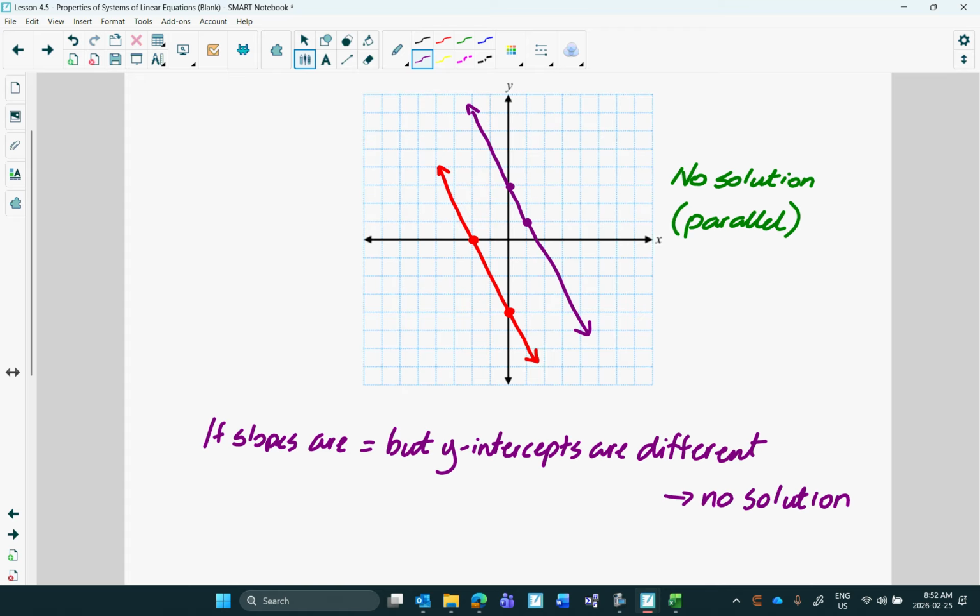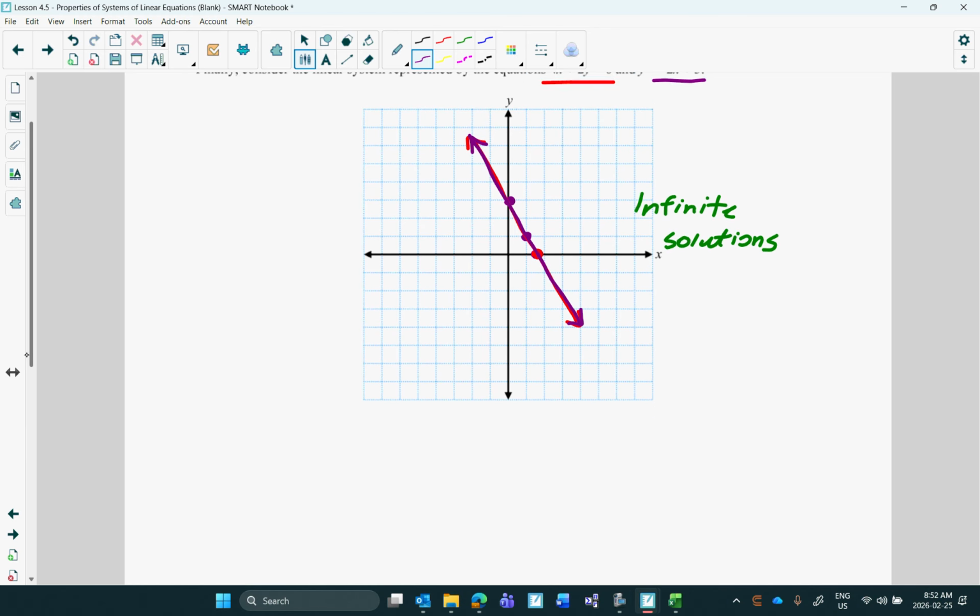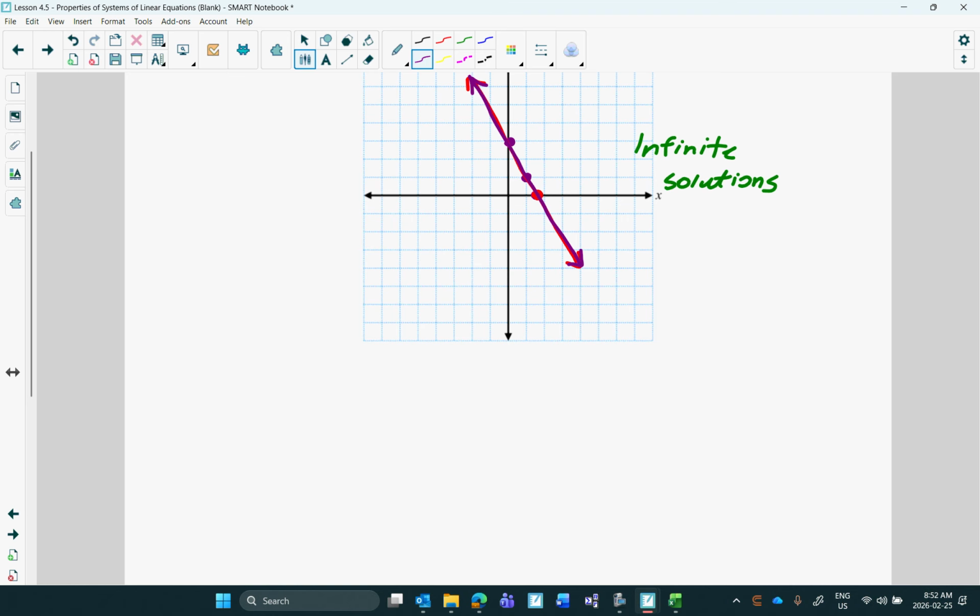How about the last pair for infinite? What could you tell me about their slopes and y-intercepts? They're the same for both. So if slopes and y-intercepts are equal, that means infinite solutions.